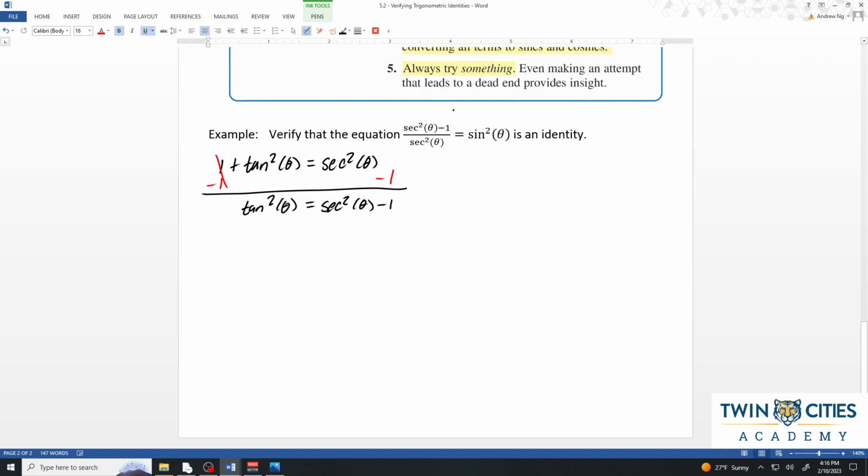I don't know if this helps me yet, but up here is secant squared of theta minus 1. I can change that to tangent squared. So this will read now tangent squared of theta over secant squared on the bottom still.